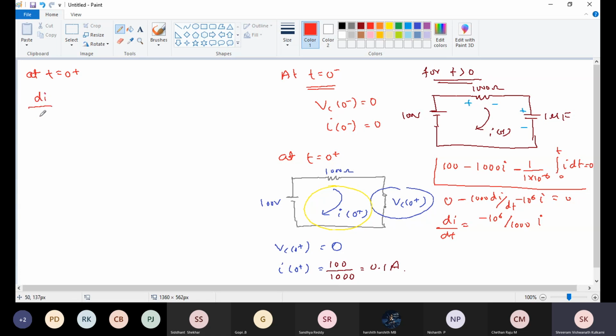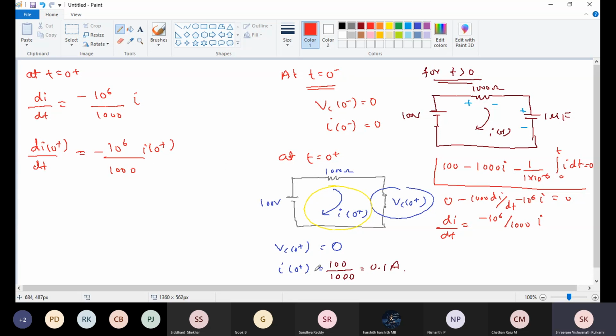I am going to write it here: di by dt is equal to minus 10 raised to 6 divided by 1000 into I. Now what am I going to do? I am going to put t equal to 0 plus in this equation. That is di by dt at 0 plus equals minus 10 raised to 6 divided by 1000, that is I of 0 plus.